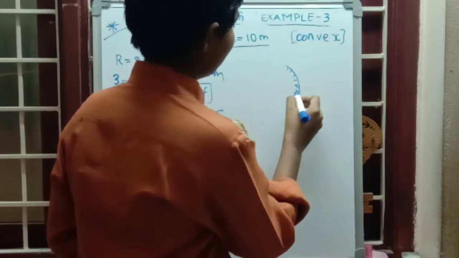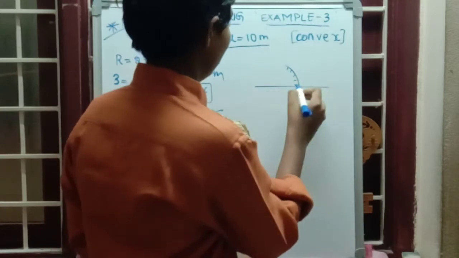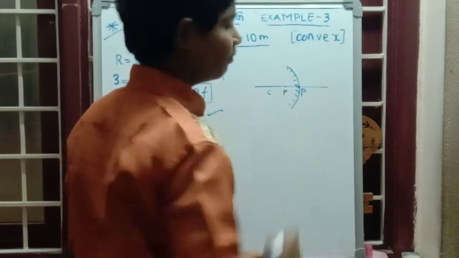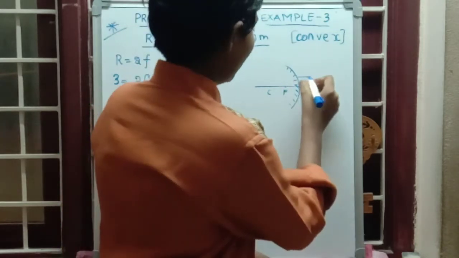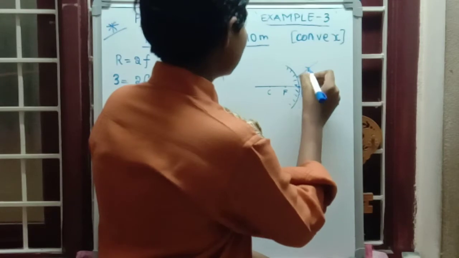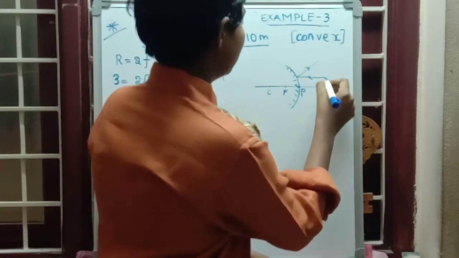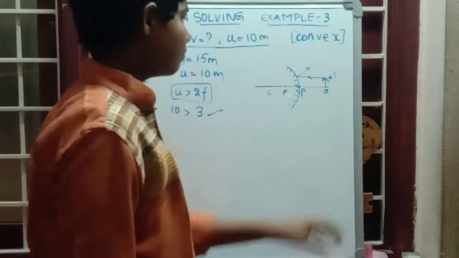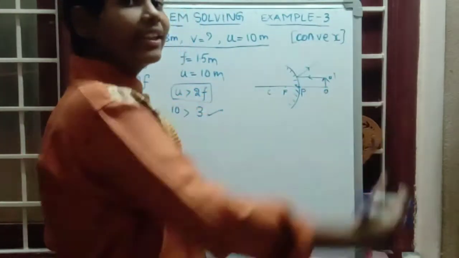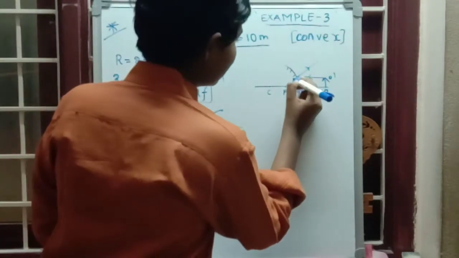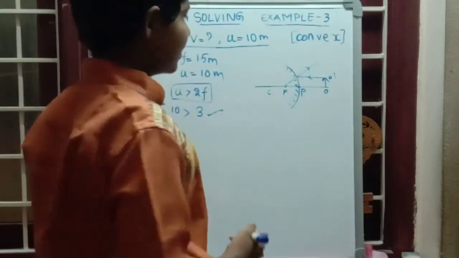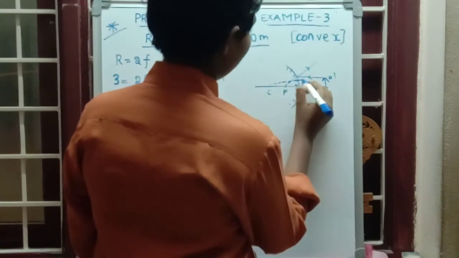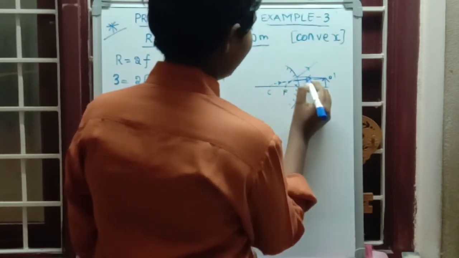This is the convex mirror. Pole point, focus and center of curvature. One ray parallel to the principal axis is diverging, appearing to pass through the focus. This is the object O dash. The second ray we take from the center of curvature, undeviated.